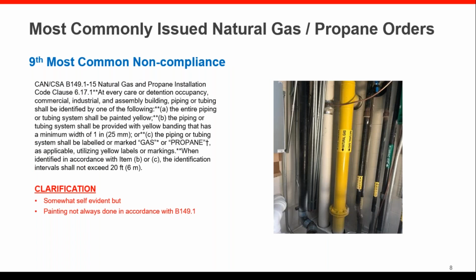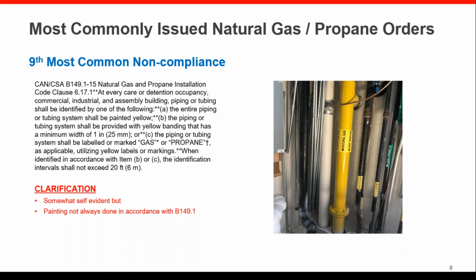So moving on to our ninth most common, has to do with identification. In the natural gas and propane installation code, for every care, detention, occupancy, commercial, industrial, assembly building, the piping and tubing needs to be identified. And there are several manners of doing that.